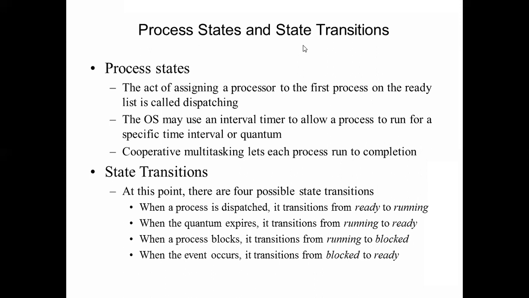When the event occurs, it transitions from blocked to ready state. Sometimes you want to open that particular space, or run that process again, then it can run and change the state from blocked to ready. It will depend on the priority of the user.